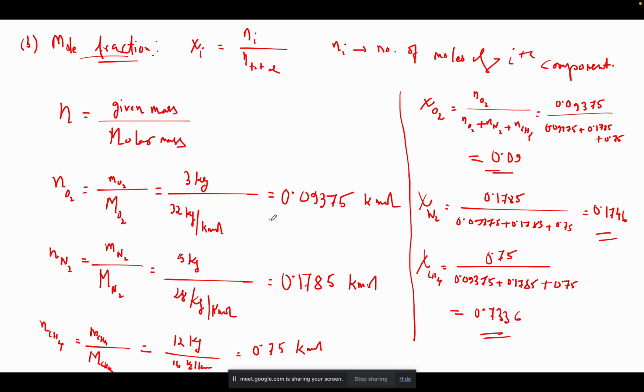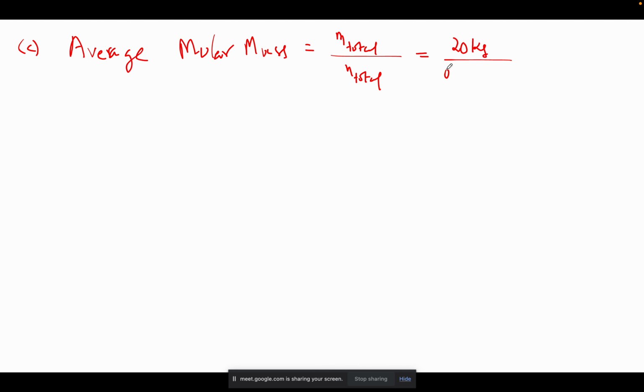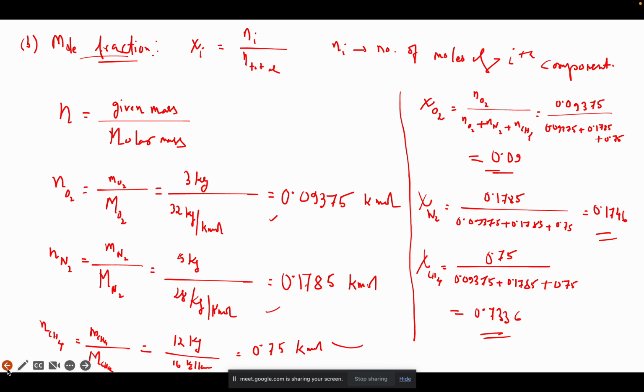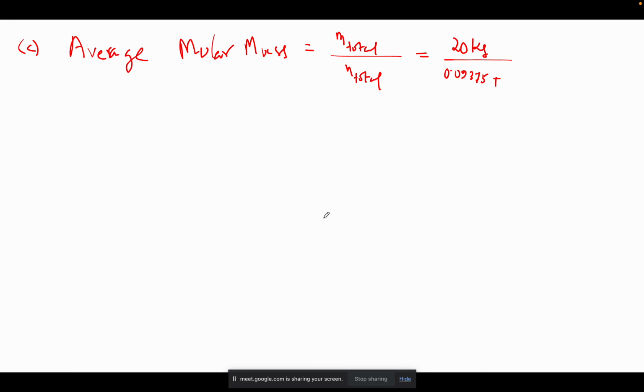It is this one plus this one plus this one, that means 0.09375 plus 0.1785 plus 0.75 kilomole.